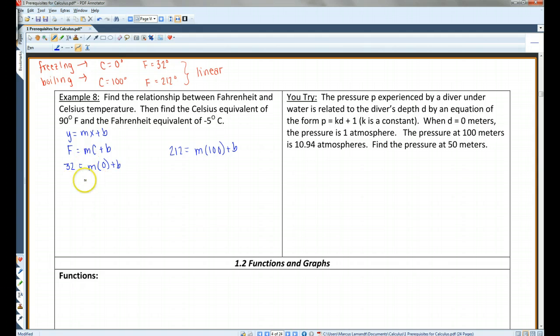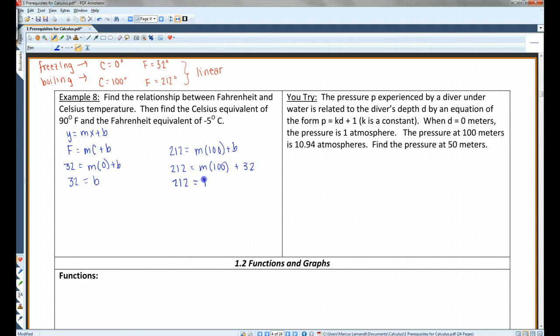This equation is kind of nice because the 0 cancels out the m and we have our b right away. Okay? So b is 32. M, if we plug this in, we can solve for m very easily.